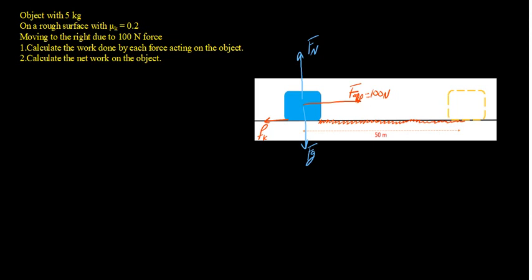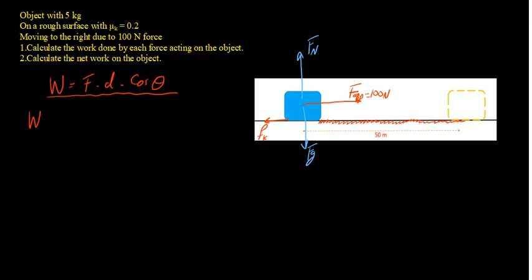To find how much work is done by each one of them, we have to follow the formula of work, which is force times distance times cosine theta, where theta is the angle between the force we're looking for and the distance. So let's start with the first one. Let's take as an example the normal force.